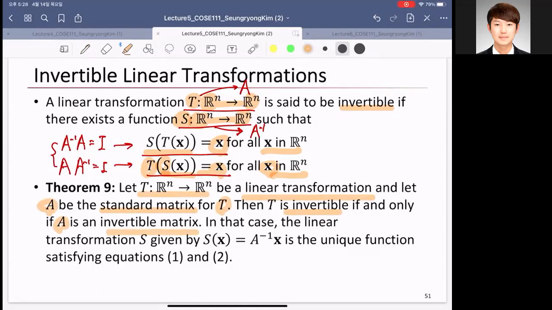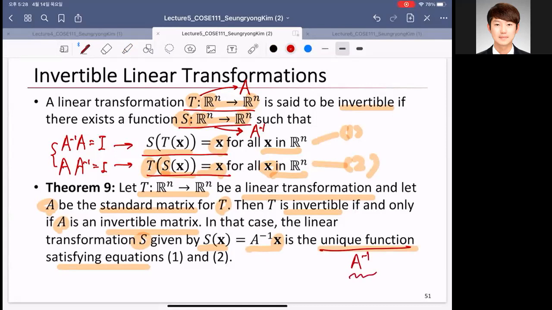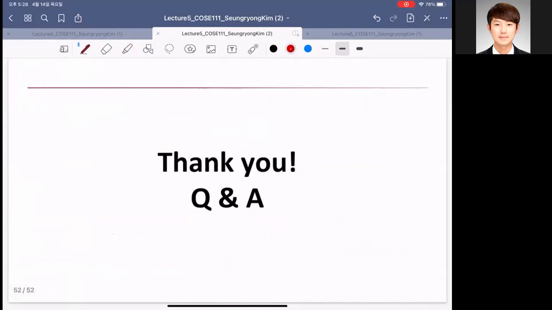In that case, the linear transformation S given by A inverse X is the unique function satisfying equations 1 and 2. Unique function. Why? We already know the inverse of matrix A is unique. So this theorem is also true. Question.